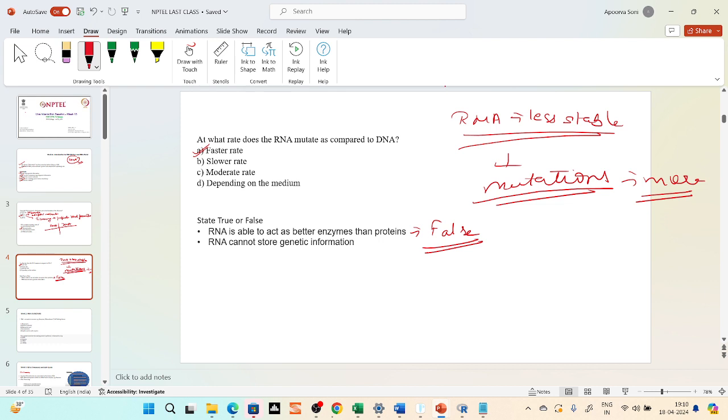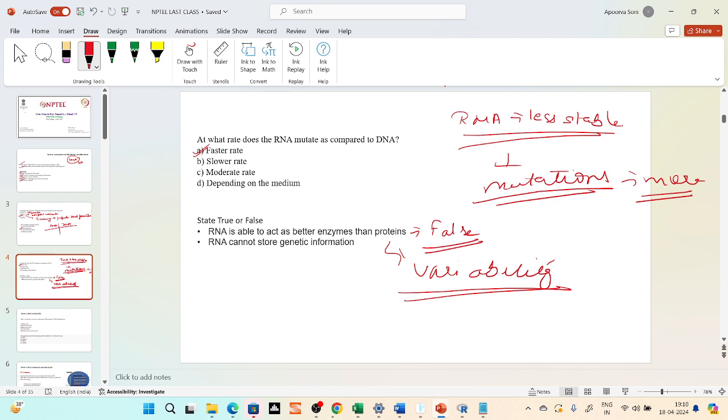Because proteins can contribute more variability. If we have proteins as enzymes, because there are 21 amino acids, so many different kinds of protein combinations can be formed, and therefore the variability in the enzyme function and the enzyme structure, everything, would be more.